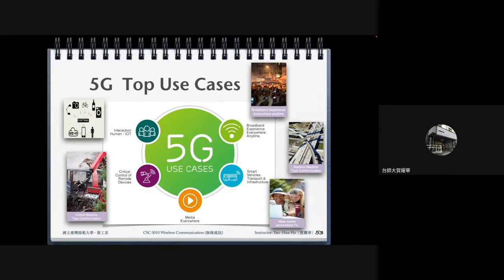Critical control or remote control devices, like drones, or what foreign countries are pushing now, using drones to farm, 无人农场, which means everything is robotic control. And in the future, media everywhere you go is video streaming. So that's we think the top usage on the fifth generation of cellular network.